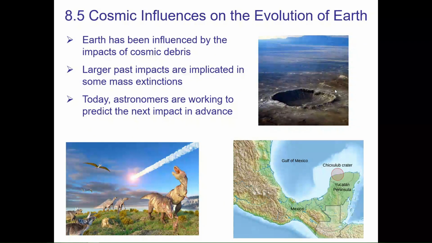And of course, there were much more severe impacts in the past that caused severe consequences on the Earth. One example I'm going to talk about is that some large past impacts actually led to mass extinction.